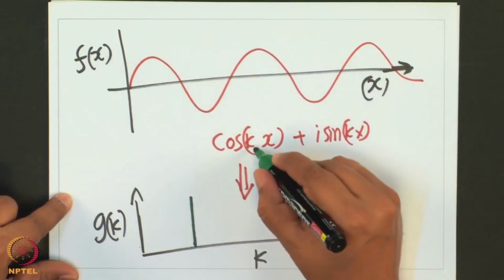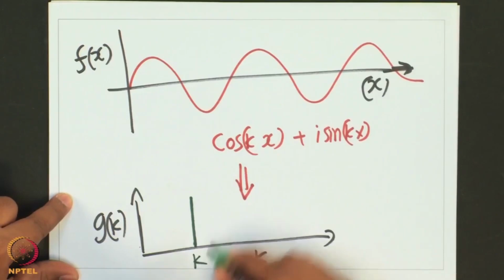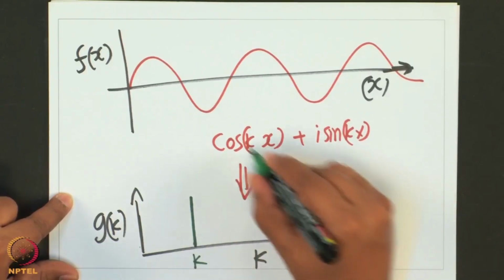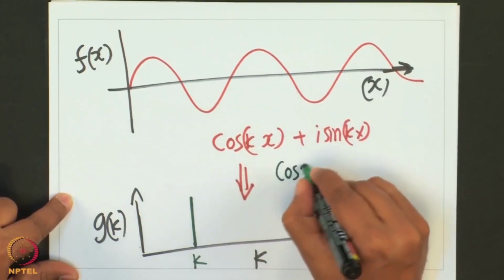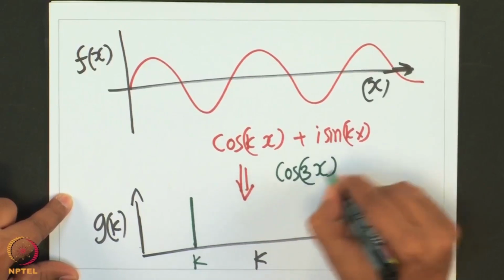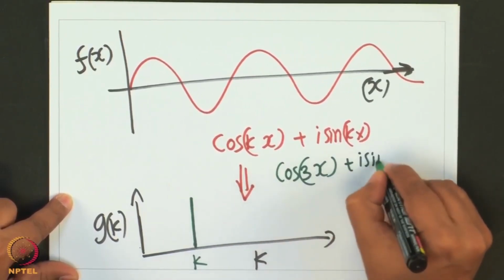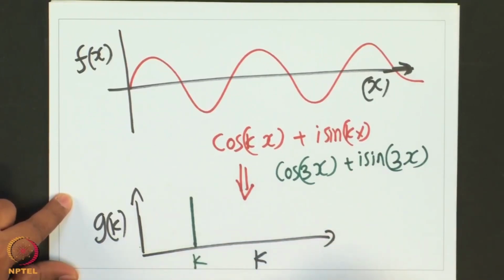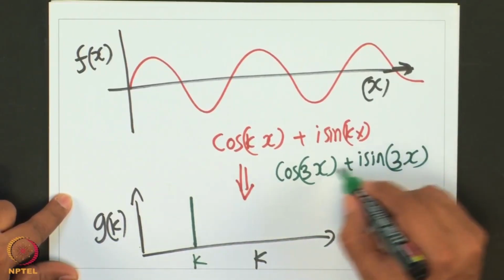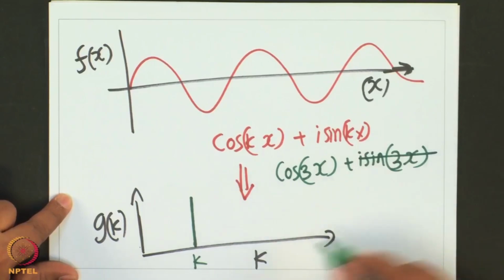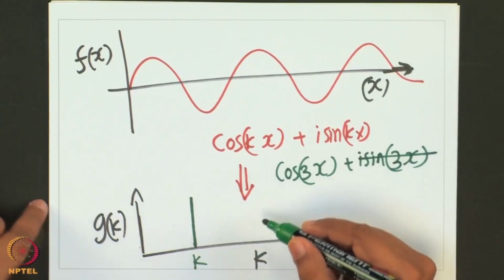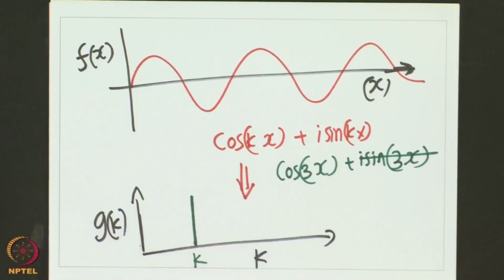Whatever the value of k is here, at that k, if k is 3, this would be cos 3x plus I sin 3x, or just cos 3x, I would have just a peak at k equal to 3.